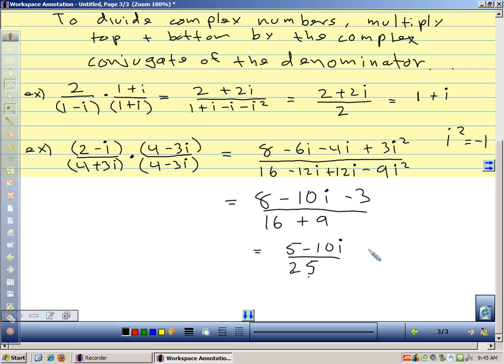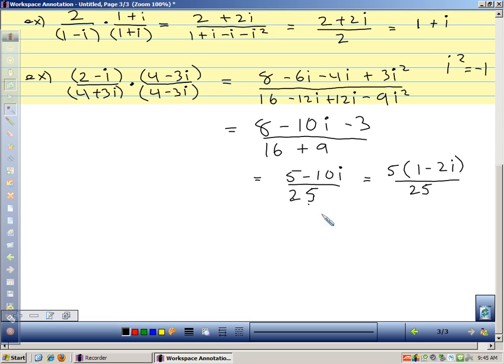And I can factor out a 5 in the top and the bottom. So this is 5 times 1 minus 2i, and still 25 on the bottom, and I can simplify that to 1 minus 2i over 5.